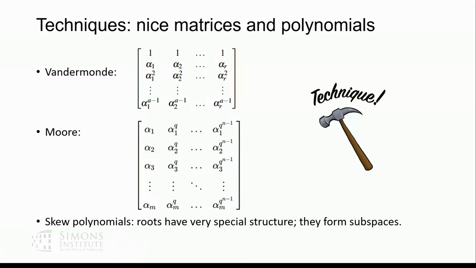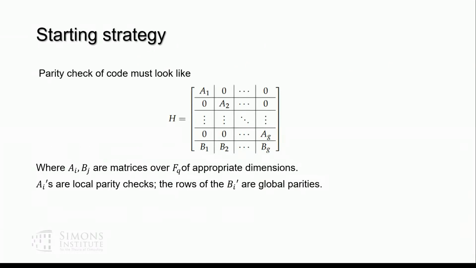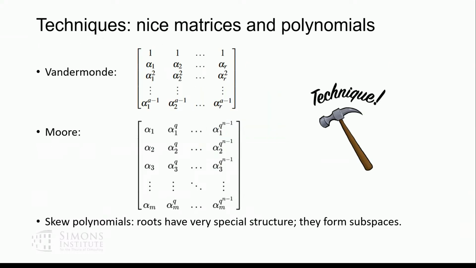The recent paper that I just mentioned, the recent breakthrough in this area, uses something called skew polynomials. These are polynomials that have roots of very special structure. They form subspaces, and they're really hard to understand.